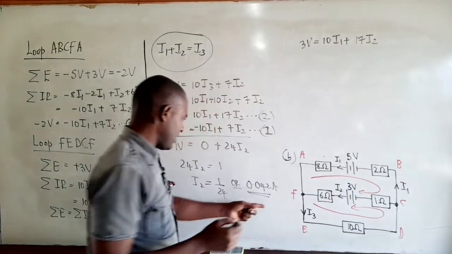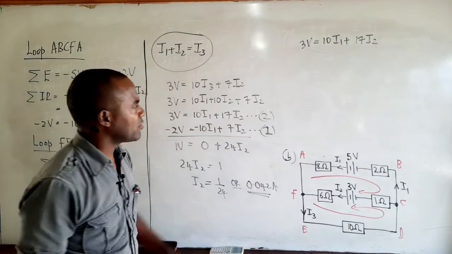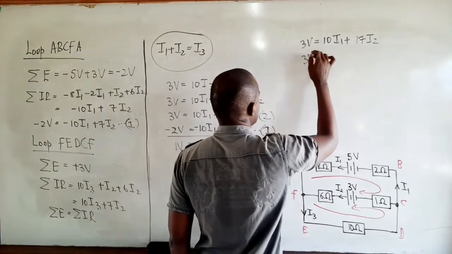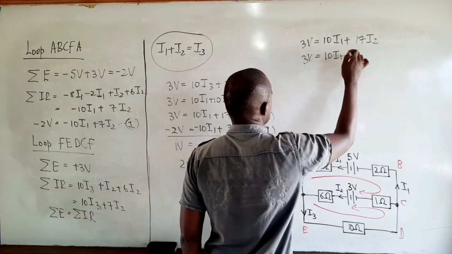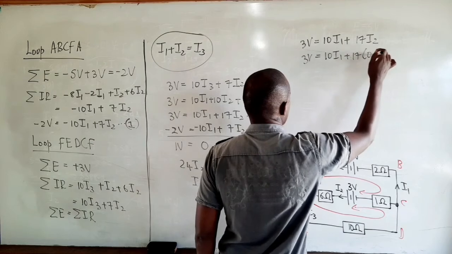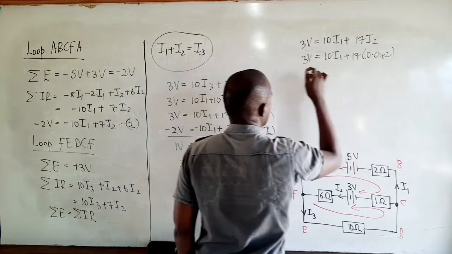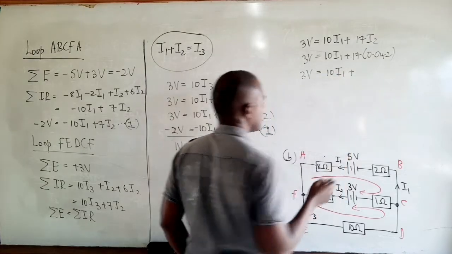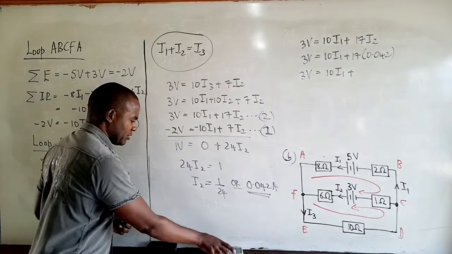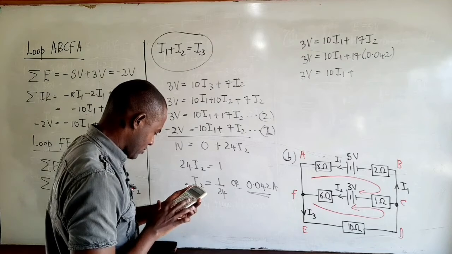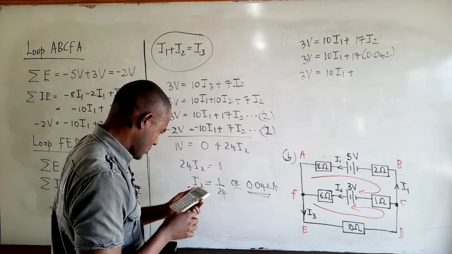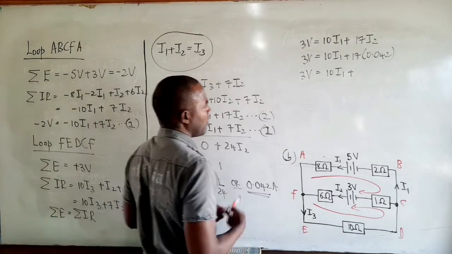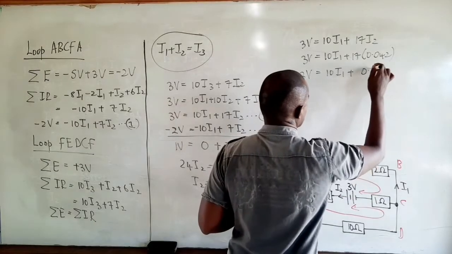So substituting the value of I2, 0.042, into that equation, we get 3 volts is equal to 10 I1 plus 17 times 0.042. That is approximately 0.71.